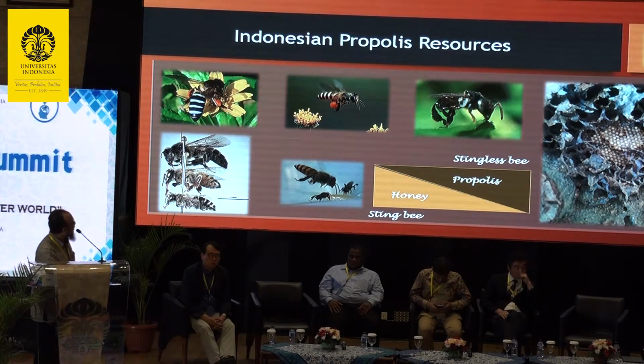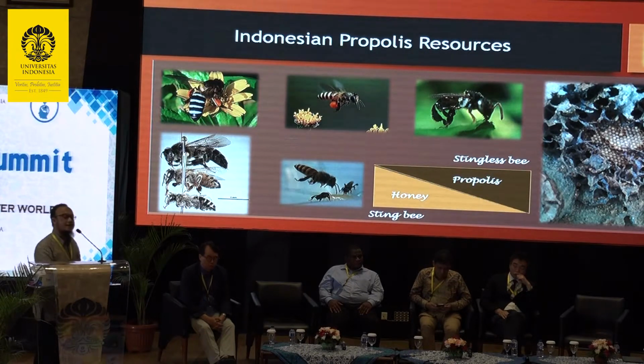And then the second one is the common honeybees. This is already farmed, or we have already domesticated this kind of bee. In Indonesia we have at least two kinds, Apis cerana and Apis mellifera. And the last but not least is the stingless bee.